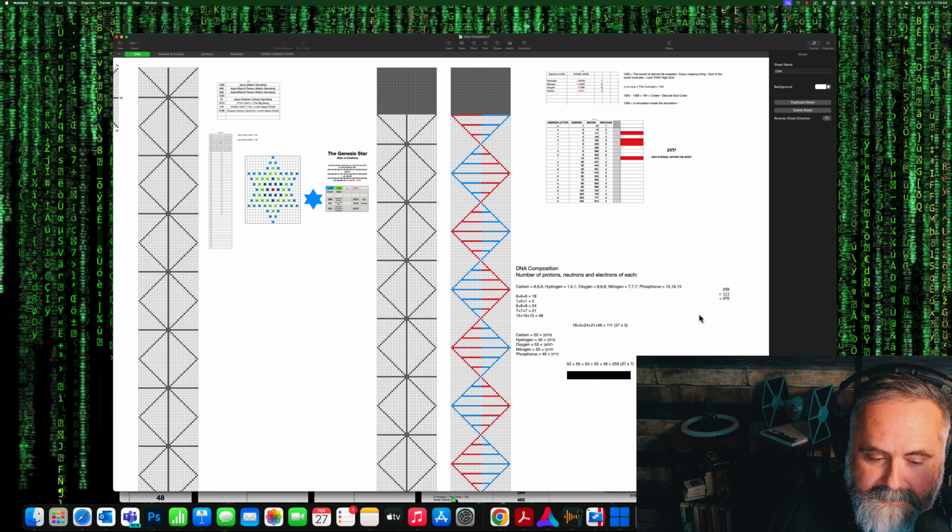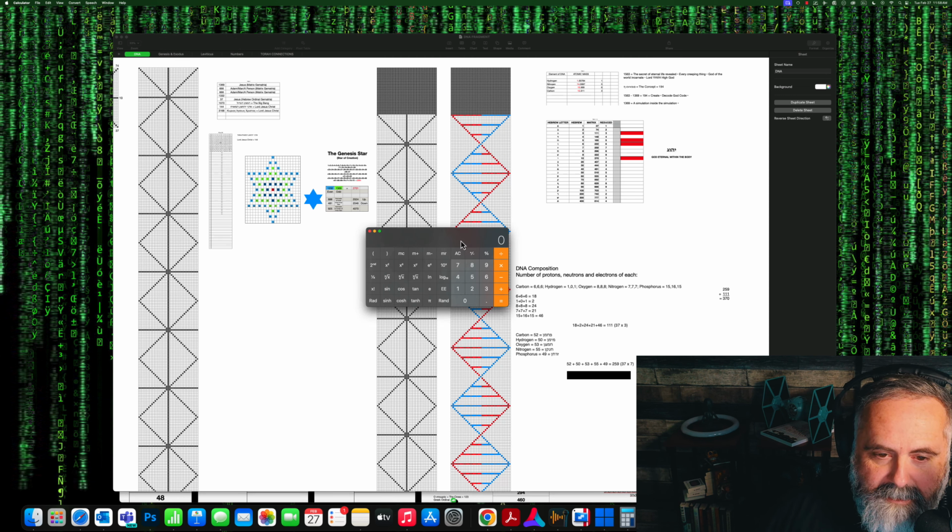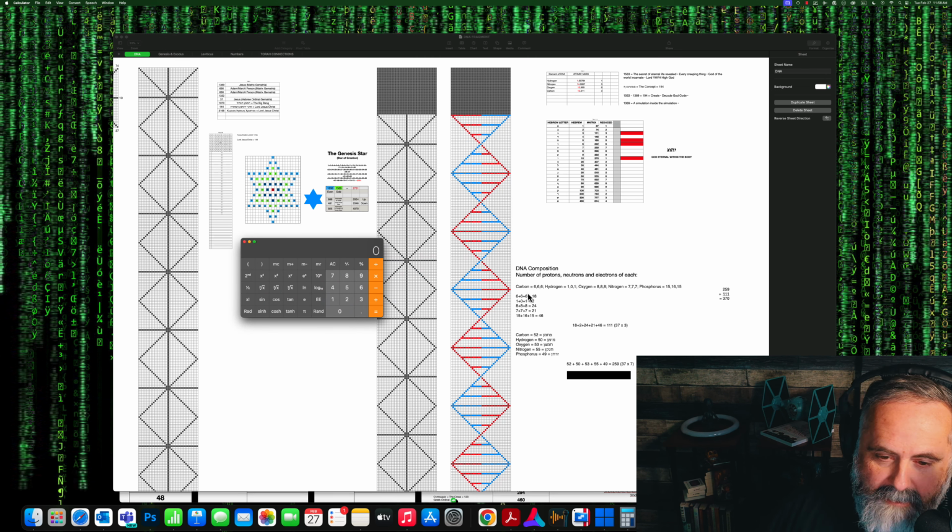How did I make the mistake? Well, it's pretty simple. When I was reducing these numbers down, I talked about how 18, 24, 21, and 46, when we reduce those numbers down to the single digits and add them together, the total is 21.